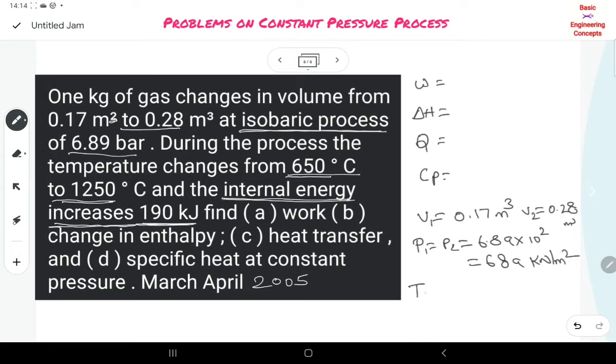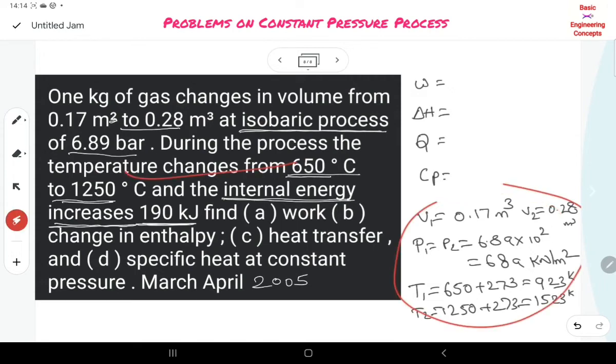The temperature increases from 650 degrees C, that is plus 273, equal to 923 K, to T2, that is 1250 plus 273, equal to 1523 Kelvin. So this is the data given in this problem. The process is a constant pressure process, that is isobaric.